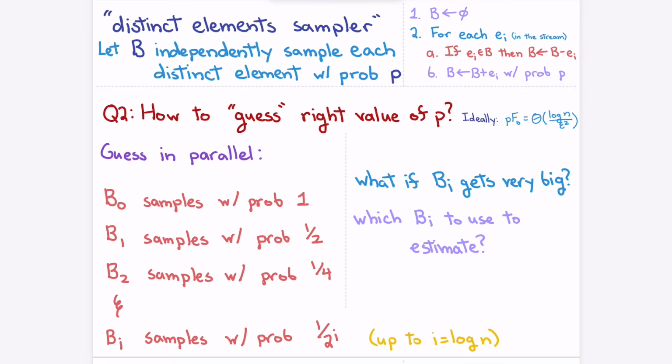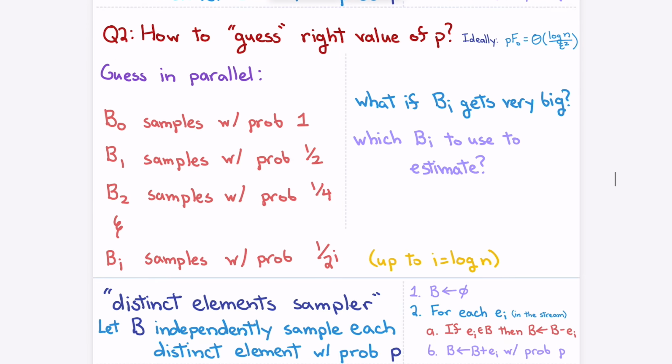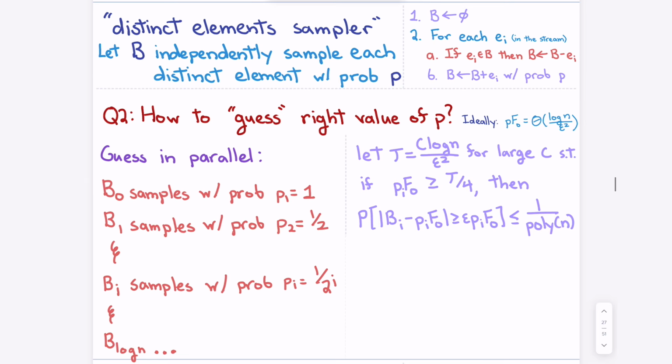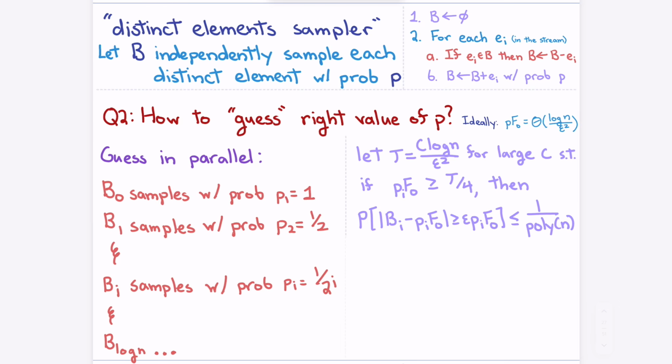So let's figure out how to actually prove this thing can work. Let's look at some threshold like log n over epsilon squared times a big enough constant. At some level, if my expected value is, I don't know, this threshold over 4, then with very high probability, the estimate's going to be good.